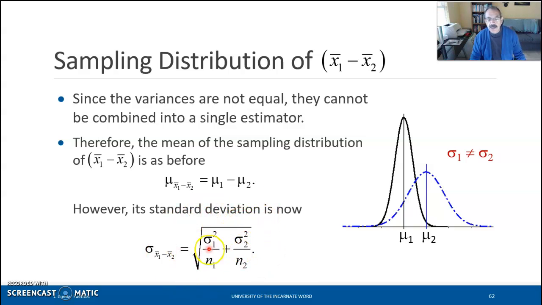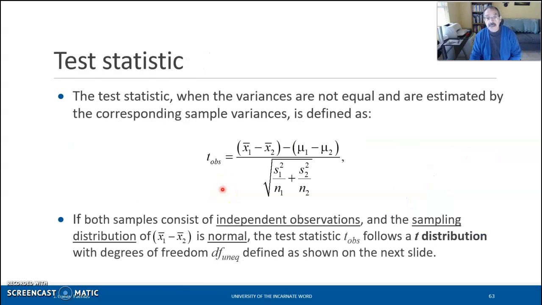So this is what changes in the definition of the sampling distribution, and this is exactly what changes in the test statistic, because now the denominator, which corresponds to the estimate of the standard deviation of the sampling distribution of the difference of sample means, is expressed like this, where because we don't know the variances, we replace them with the sample variances right here.